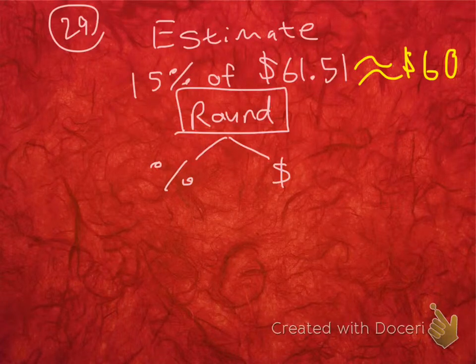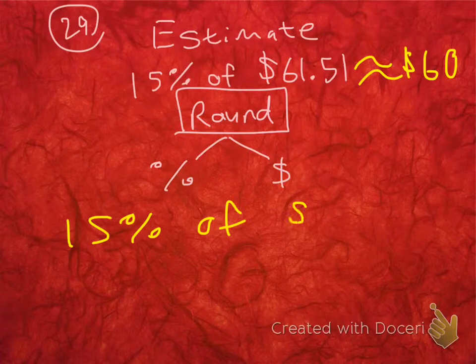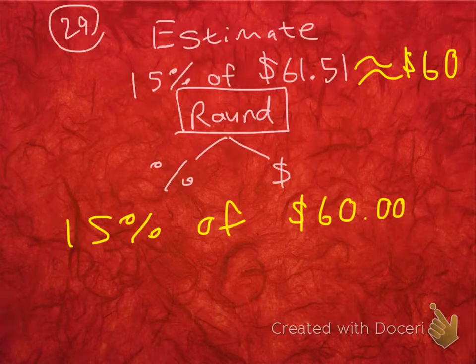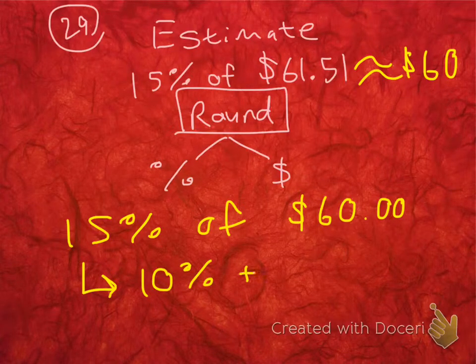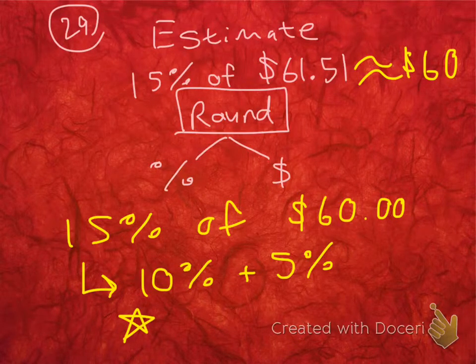So if I'm trying to figure out 15% of about $60, well, 15% is simply 10% and 5% added together. If you take 10% and then an extra 5%, that gives you 15% in total. 10% is the easiest one to do because it's simply moving the decimal place to the left once, and 10% of 60 is simply 6.